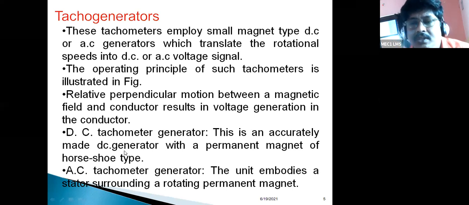Simply, the principle of the electrical tachometer, or tacho generator, is that the electrical signal generated is proportional to the rotational speed of the shaft.